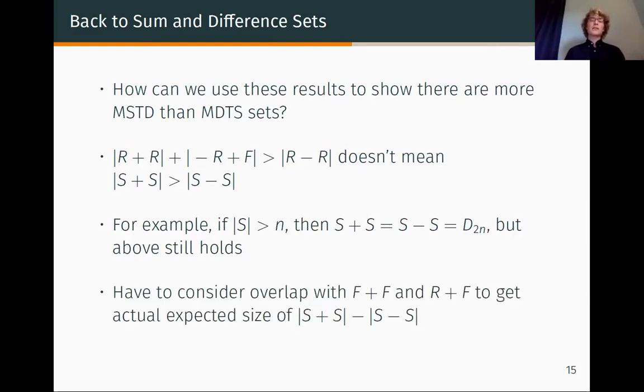So we need to consider this overlap with f plus f and r plus f, which contribute to both the sum set and the difference set, to figure out the actual expected size of s plus s and s minus s, and taking the sizes there. So in order to do this, there's a more nuanced analysis that we need to be able to do. And that's what we'll be working towards in the future.